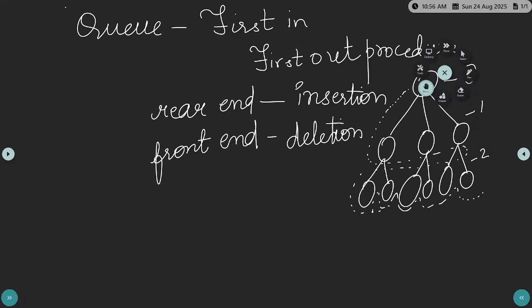BFS follows level order search. Level order search. You have to put it like this. Level by level. First ఇట్లా వెళ్ళి ఇది సెర్చ్ చేసి ఇక్కడికి వెళ్ళి సెర్చ్ చేసి మళ్ళీ ఇక్కడికి వెళ్ళి సెర్చ్ చేస్తుంది. రైట్?